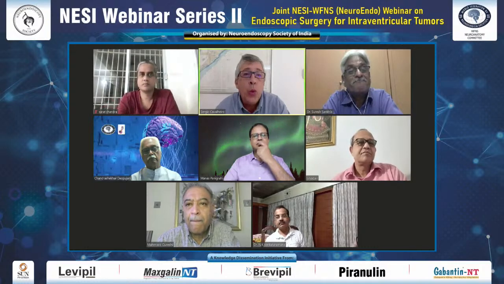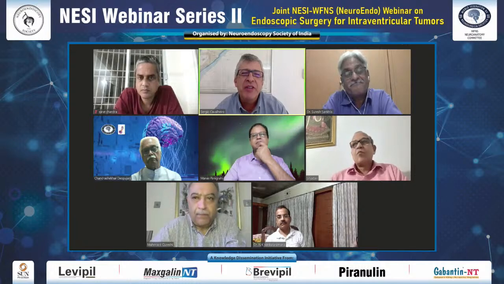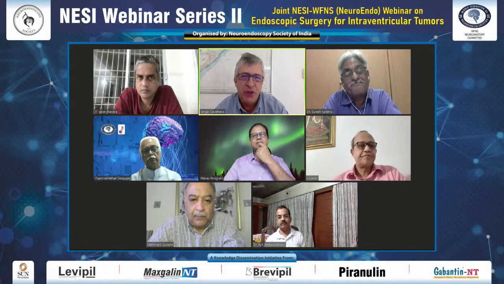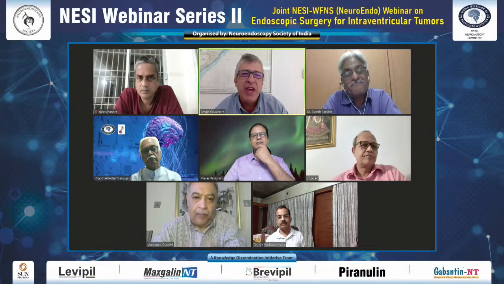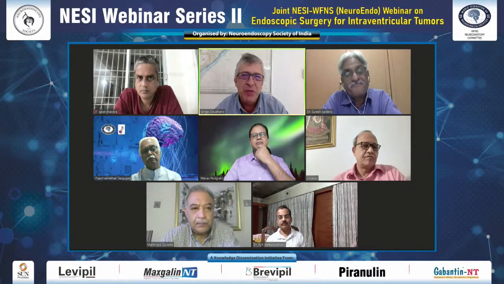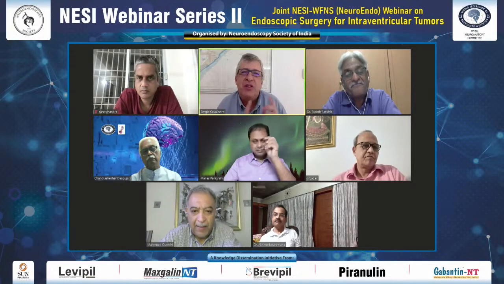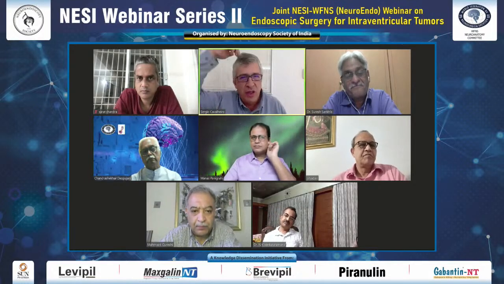When you have an intraventricular tumor, the craniopharyngioma tells you which way you would like to go. Craniopharyngioma is a real challenge. If it grows to the pituitary gland, you can go through the nose.